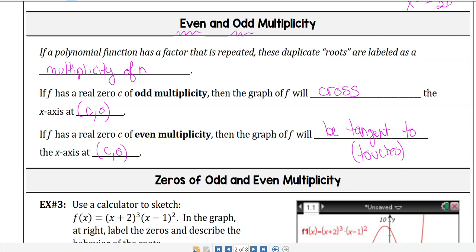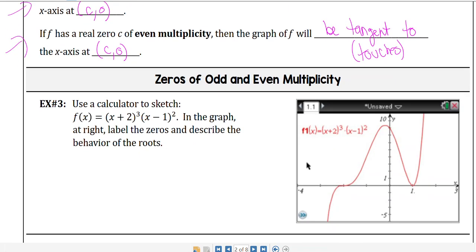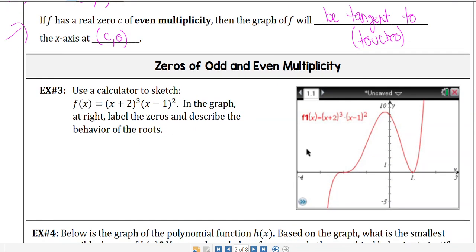So this is going to be very helpful in sketching graphs. Knowing this will help decipher the behavior and help you draw quicker graphs than actually having to make a t-chart or anything like that. So if we look at this, in example number 3, they have this function sketched out.